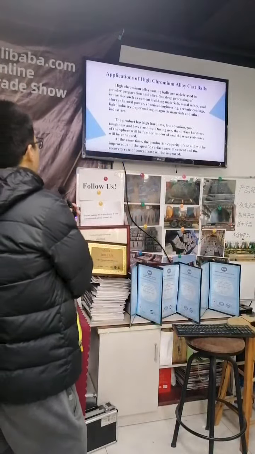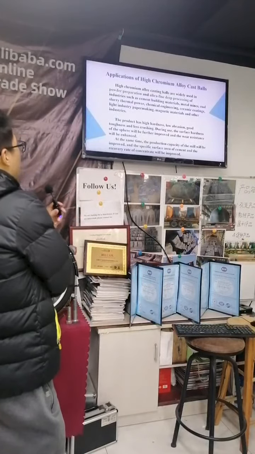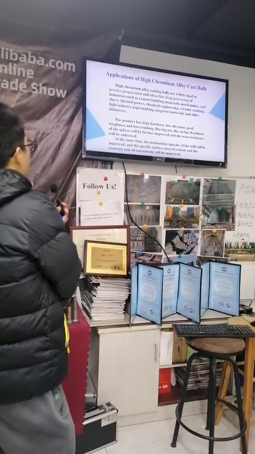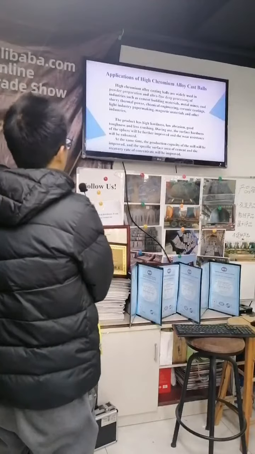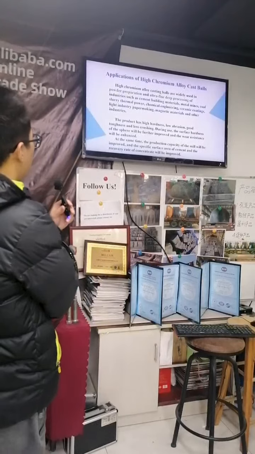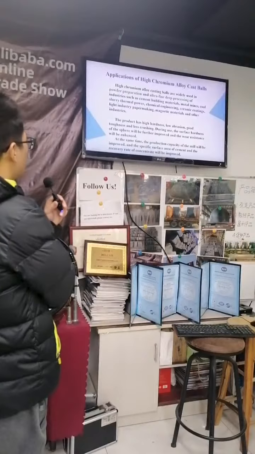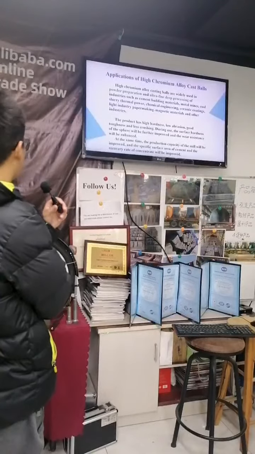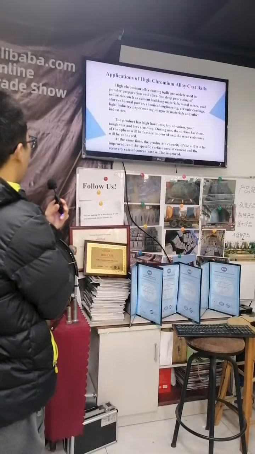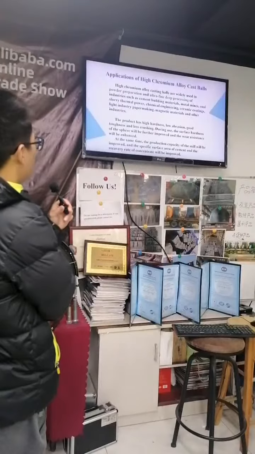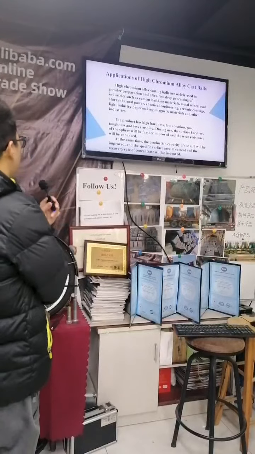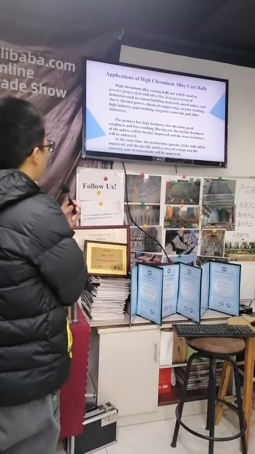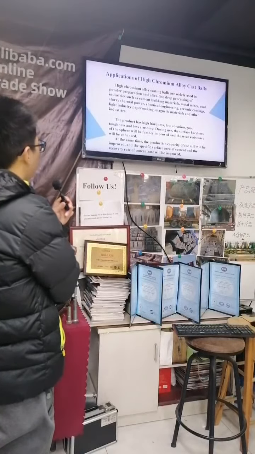When it comes to its applications, they are widely used in powder preparation and ultra-fine material processing industries such as cement building materials, metal mines, coal, thermal power, chemical engineering, ceramic coatings, light industry, paper making, magnetic materials, and other industries.